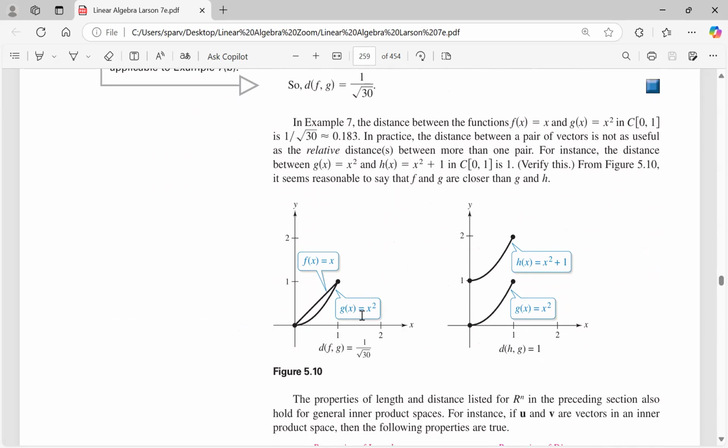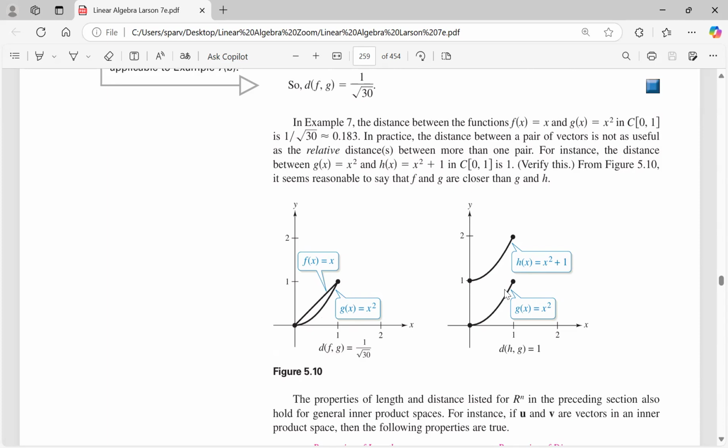If you compare the figure on the left to the figure on the right, clearly you see on the right the gap between the two functions is more than the gap between these two functions. So in that sense, we can compare distances between sets of functions. So the distance between f of x equals x and g of x equals x squared, the one on the left, is less than the distance between the two functions on the right.